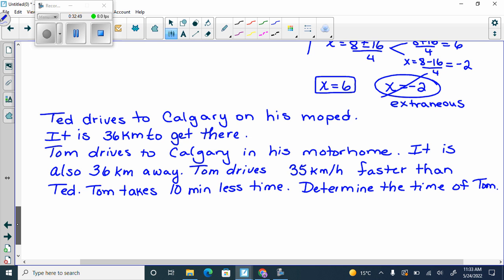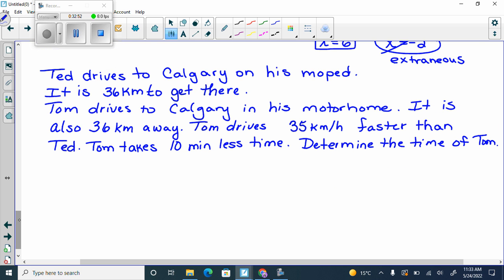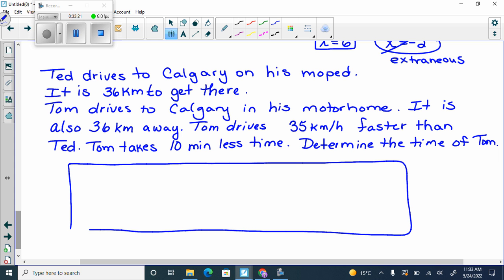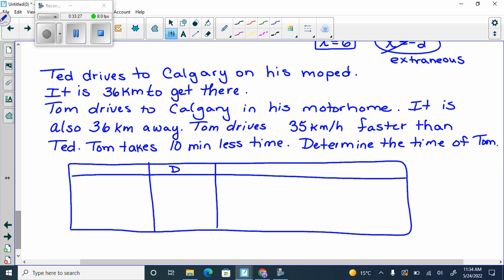Okay, so whenever we get one of these, we have to set up our table. Okay, so we have distance, speed, time, Ted and Tom.